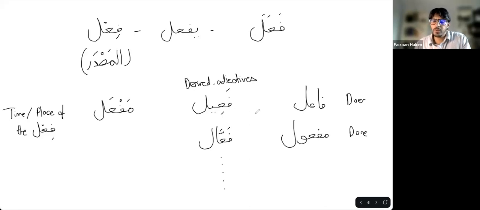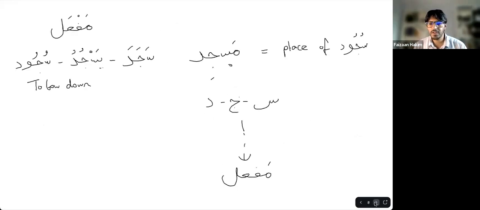There's actually now so many words which you know, and it's just about discovering that you know them. We're going to be learning a few verbs, but for every verb you learn, fa'ala, look at how many meanings you can derive from it. Sajada, so many things coming: sajid, sajjad, masjid, sajjada. You might have heard these words.